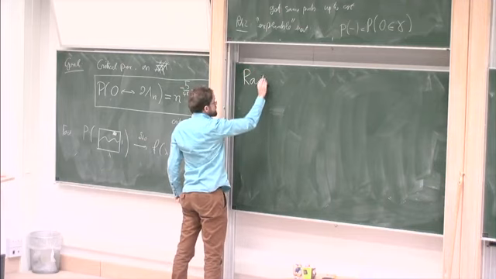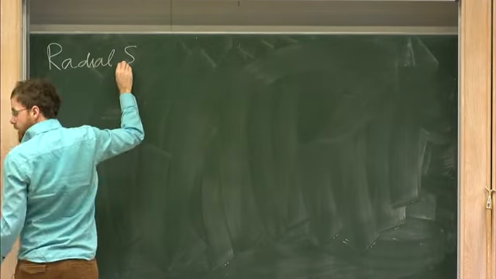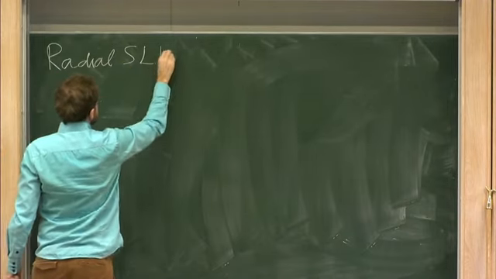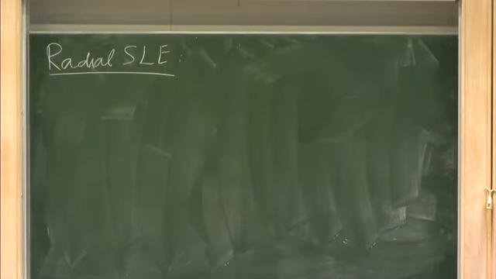So remember, yesterday we defined one particular version of SLE, which was a radial SLE. The radial SLE doesn't go from one point of the boundary to another, but it goes from one point of the boundary to the inside of the domain.